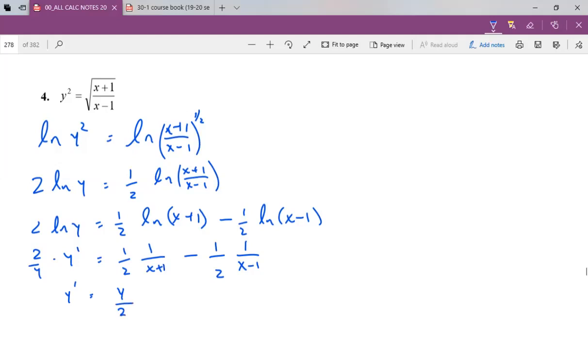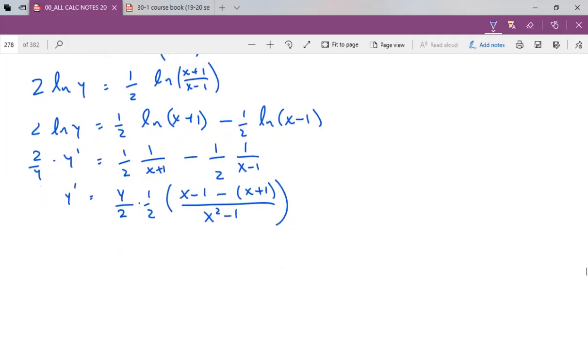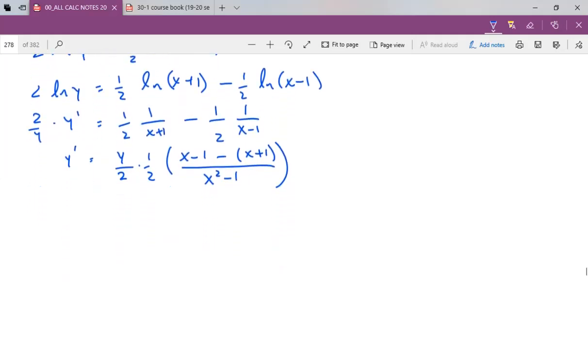y over 2, times a half. I'm going to common factor that half out now. Then I'm going to get a common denominator: x minus 1 minus x plus 1, over x plus 1 times x minus 1, more commonly known as x squared minus 1.